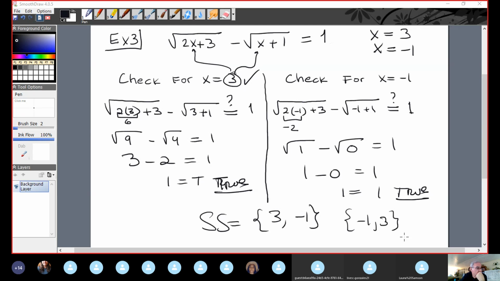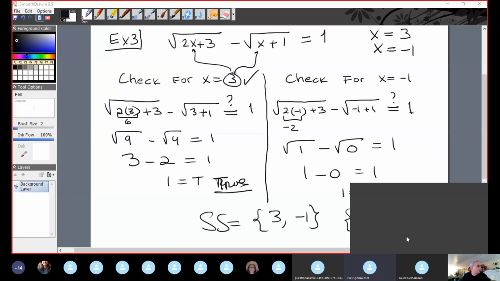One more radical equation. One more example, this is the last one.